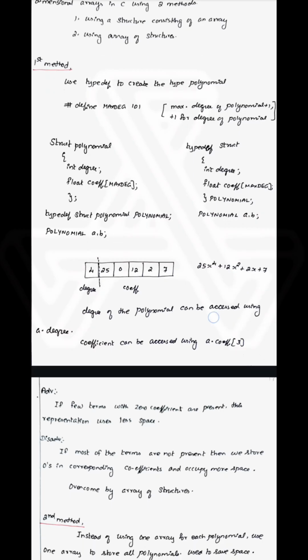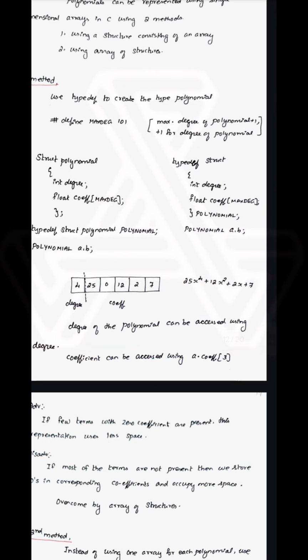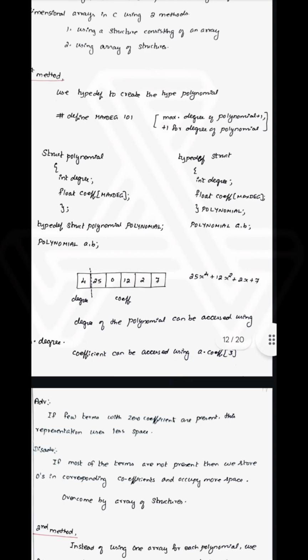Define MAX_DEGREE 101. MAX_DEGREE is the degree of polynomial plus 1. Struct polynomial: int degree, float coef of MAX_DEGREE 101. Typedef struct polynomial A, B.